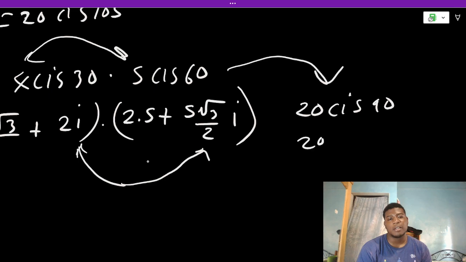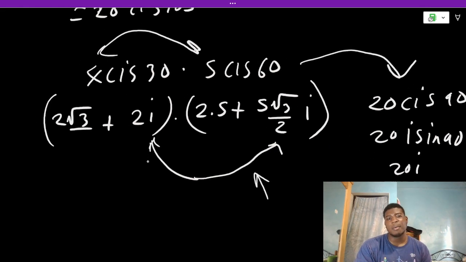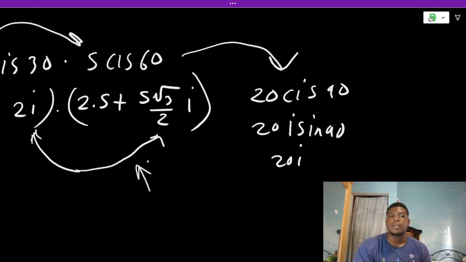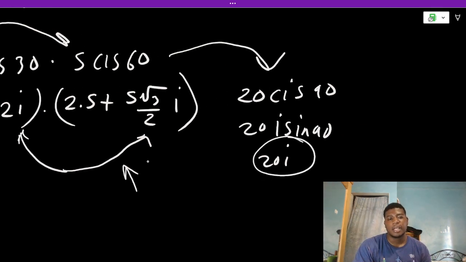So you're just having 20 i sin 90. So it's 20i. So this will come up to 20i. Would it? It probably should. I have no idea. But that's cool. That'll come to 20i.